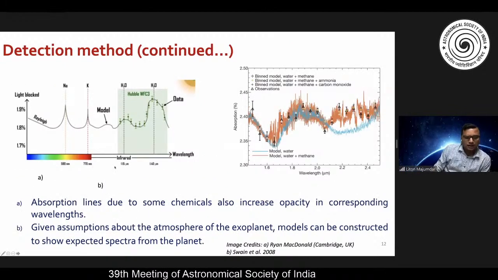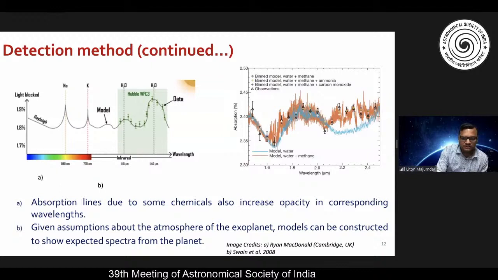Here I have shown how the absorption lines due to some chemicals also change in terms of their opacity at different wavelengths. So as I mentioned, when we observe exoplanets through transit spectroscopy, we can see changes with wavelength, and that change can often be attributed to various chemicals present in the atmosphere of such exoplanets.